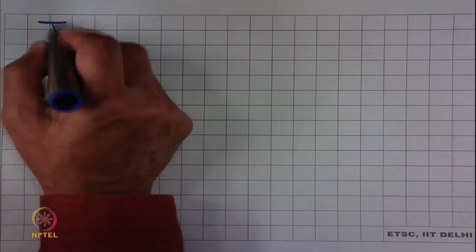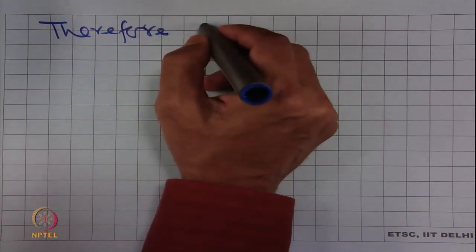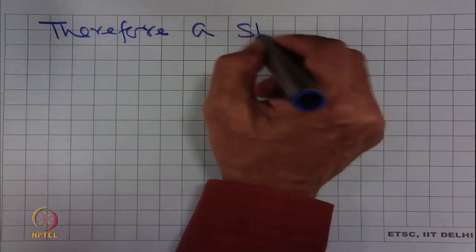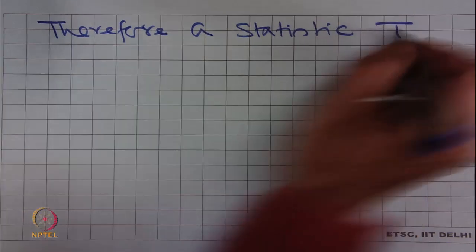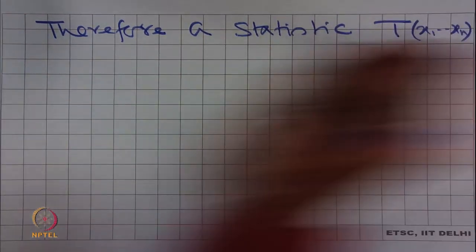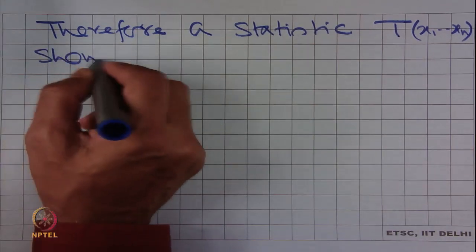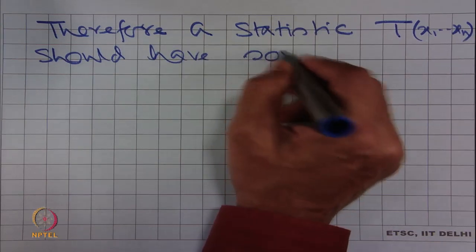Therefore, a statistic T of x1, ..., xn should have some desirable properties.